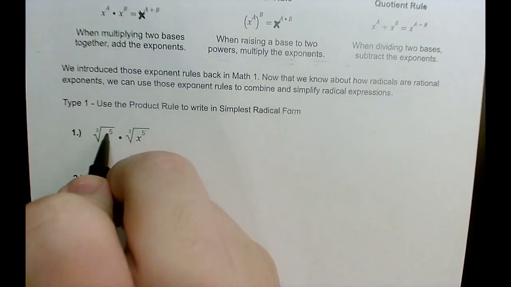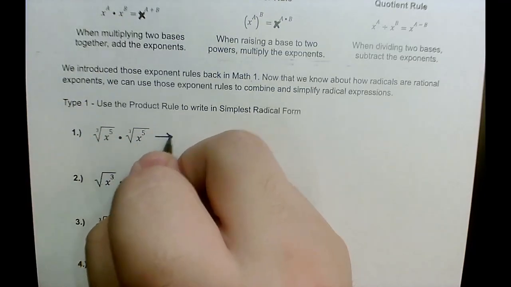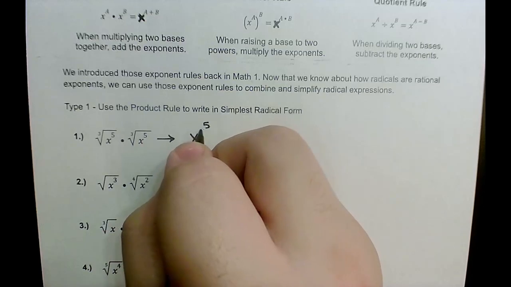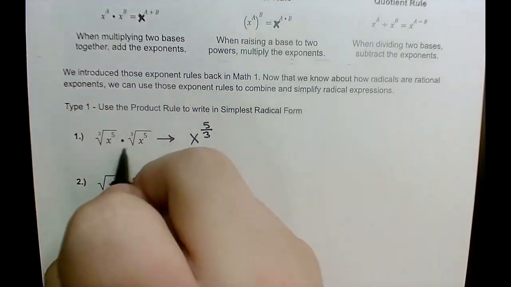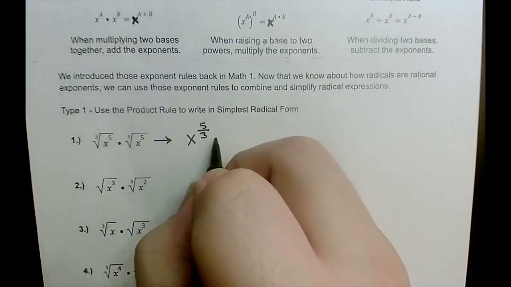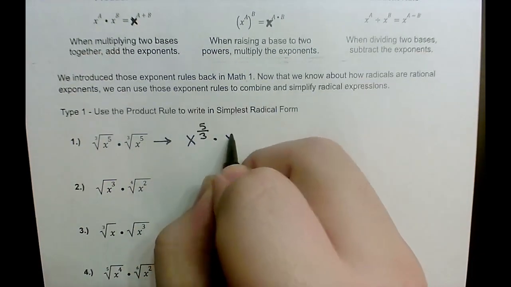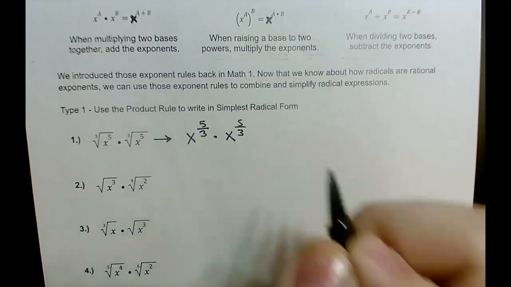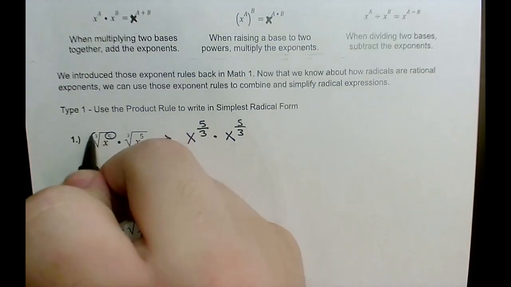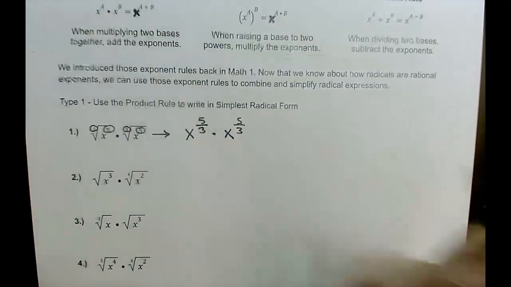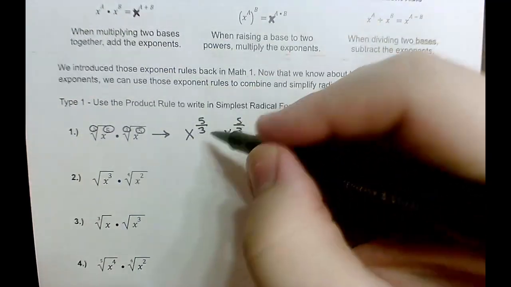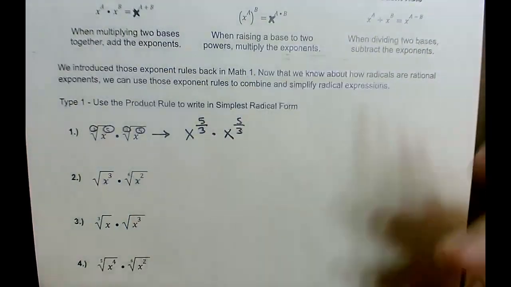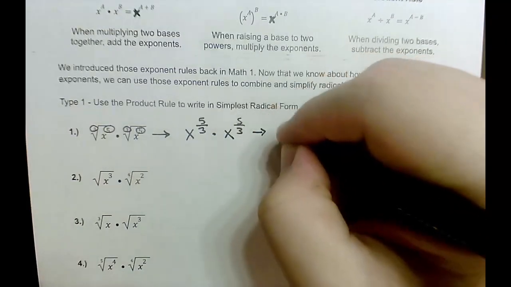So the cube root of x to the 5th power would become x to the 5 over 3, and then the cube root of x to the 5th power would become another x to the 5 over 3 power. 5 on top, 3 on bottom. Well, now that I've got two bases with two exponents, they're the same exact base, so I can just add them together.